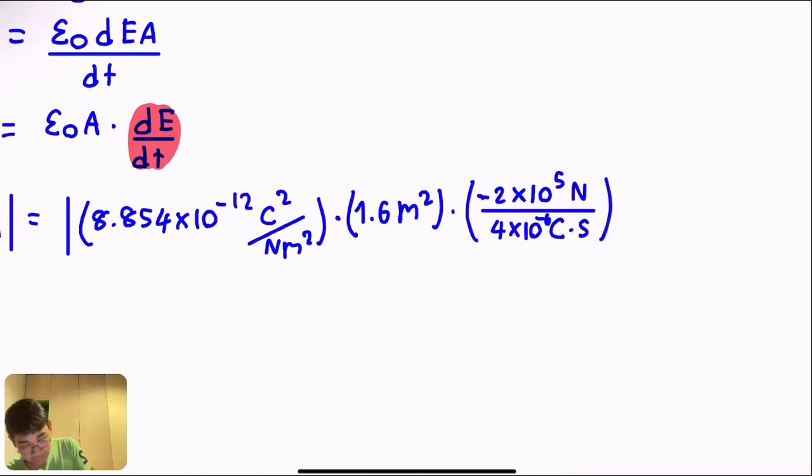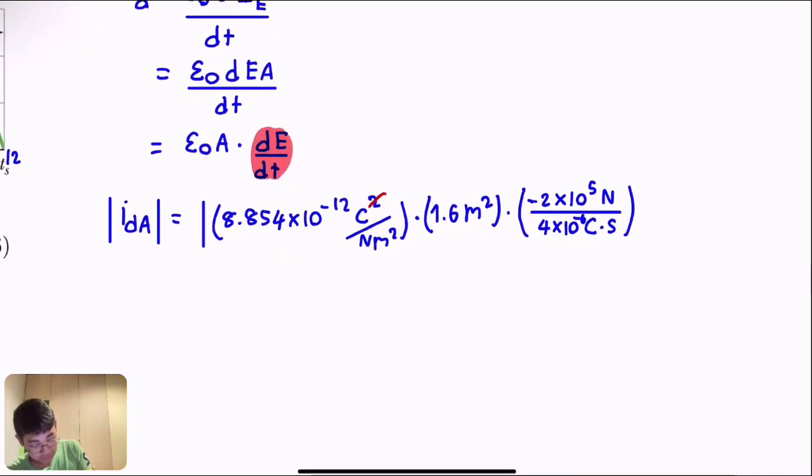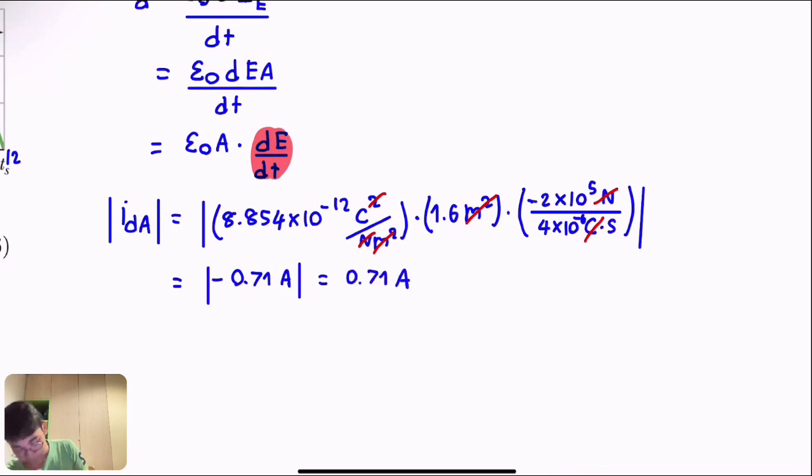So we can cancel the units, and it will be Coulomb per second, which is ampere. So the result is minus 0.71 ampere, but we consider only the magnitude, so it will become 0.71 ampere.